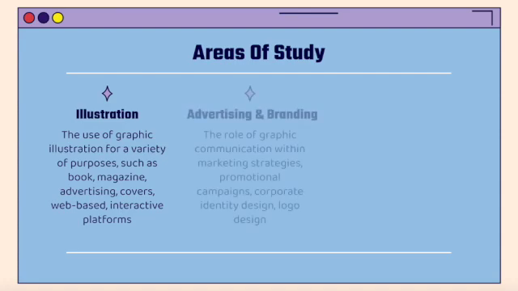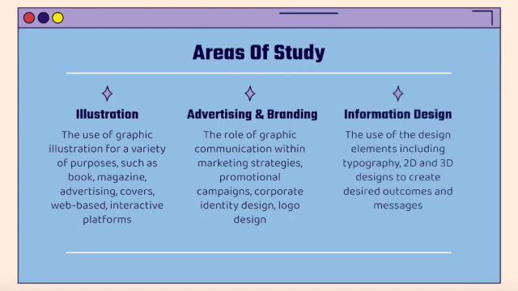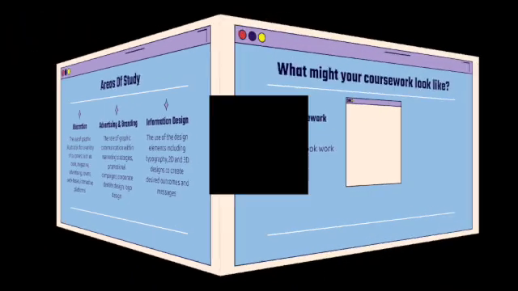We look at advertising and branding and how graphic communication works within promotional campaigns, logo design and brand identity. And we also look at informational design, so looking at things like typography, which is text, and how 2D and 3D design can help us create our desired outcomes and messages.